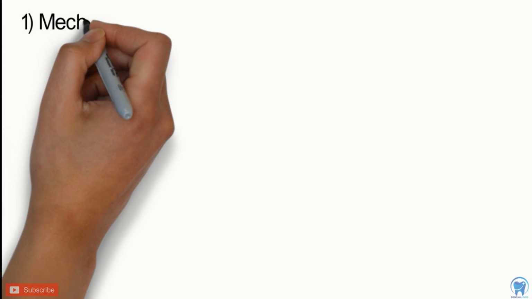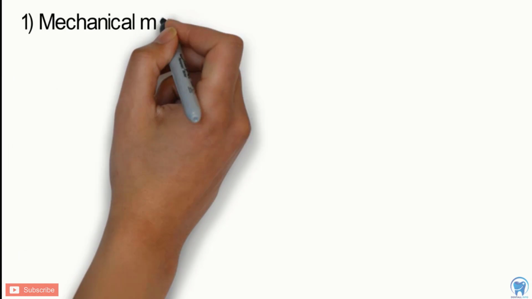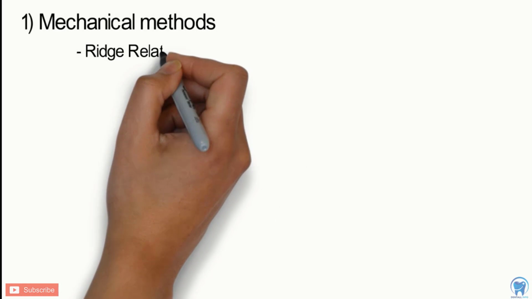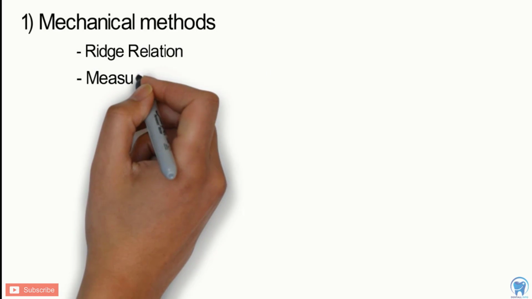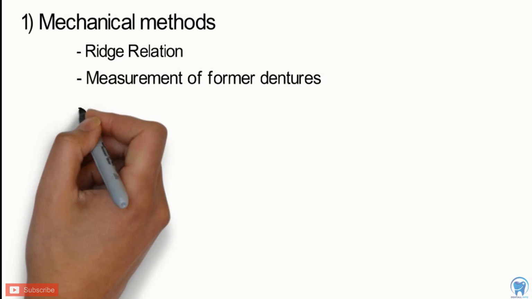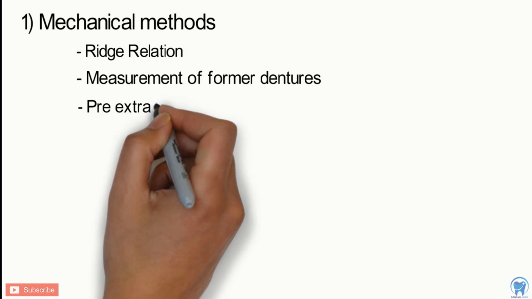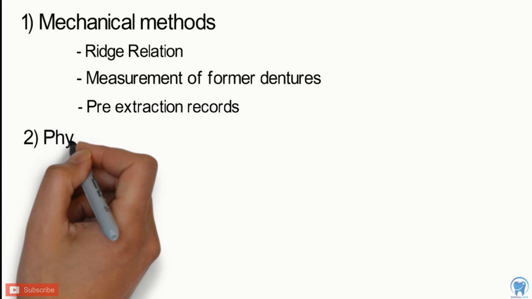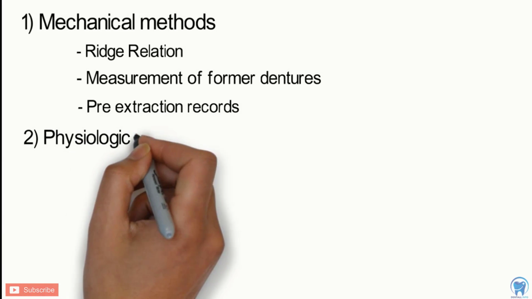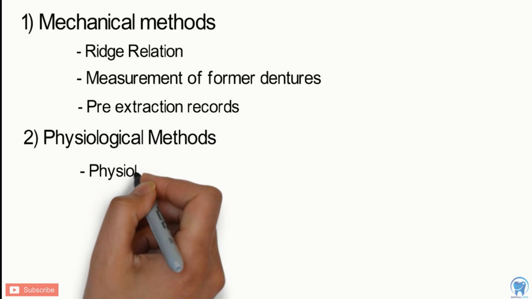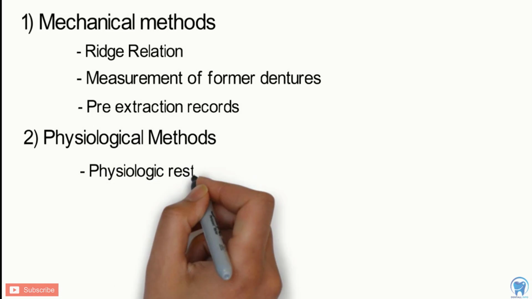These include mechanical methods which include ridge relation, measurement of former dentures, and pre-extraction records. And the physiological methods include physiologic rest position, phonetics, aesthetics, swallowing threshold, and tactile sense.